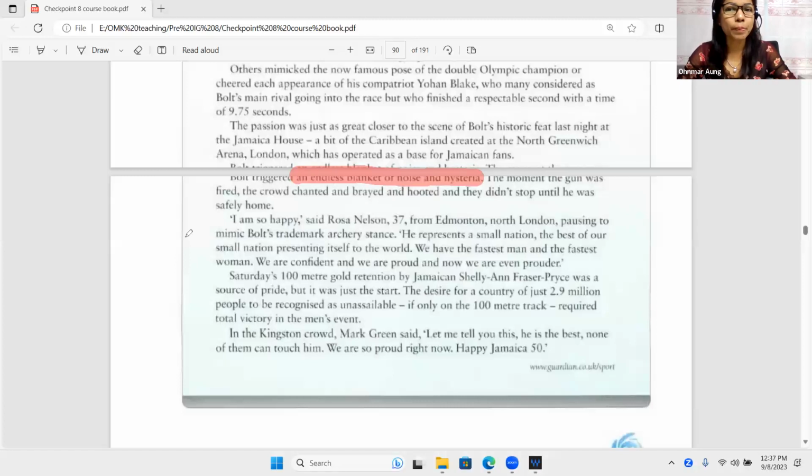So it means how people cheered him on. The moment the gun was fired, the crowd chanted, brayed, and hooted. You can learn the language there, how the celebration was held. So there are some words.